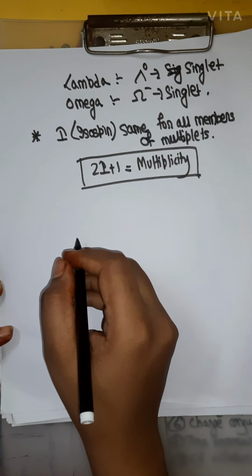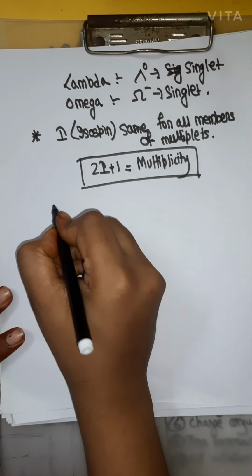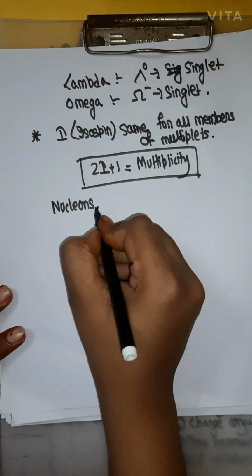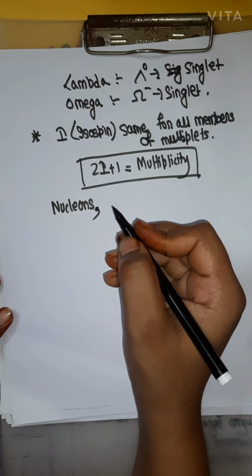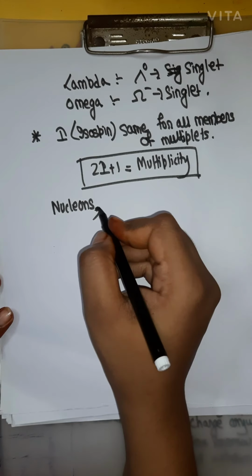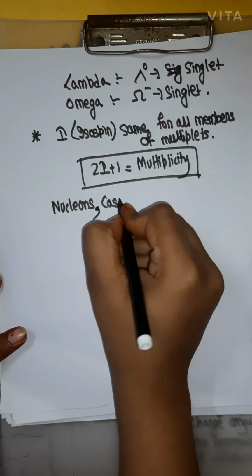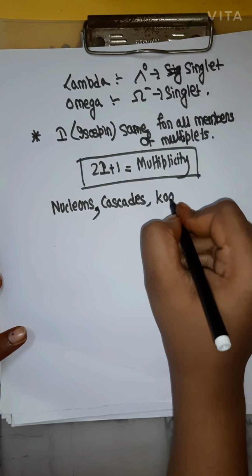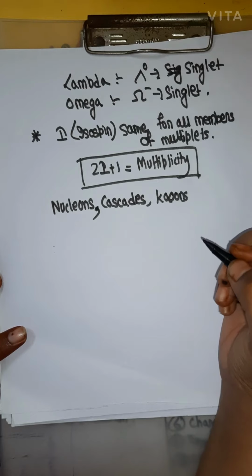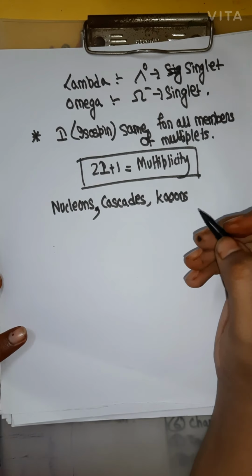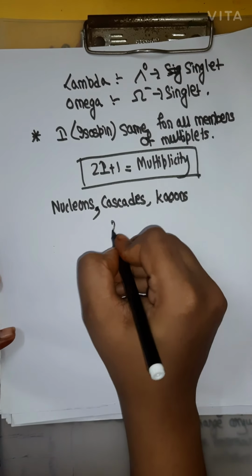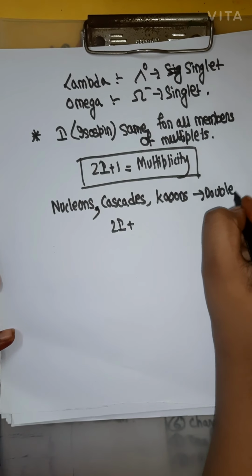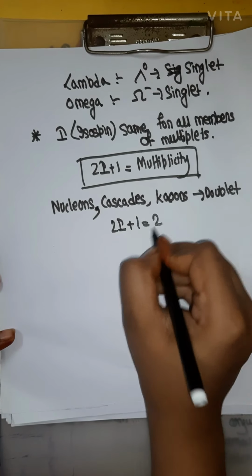Now we will calculate isospin as we said for nucleons. So all doublets we will write together. We have nucleons, cascades, kaons. These three we have in doublet form. So 2I plus 1 is equal to 2.